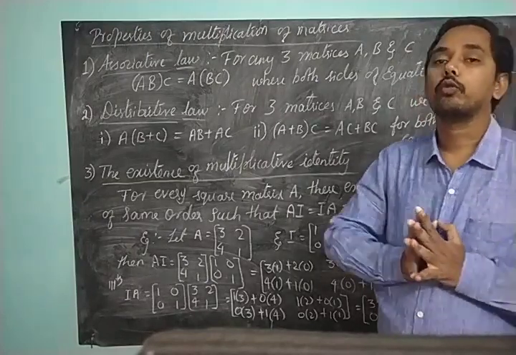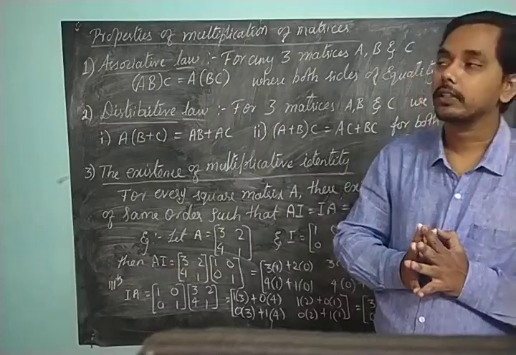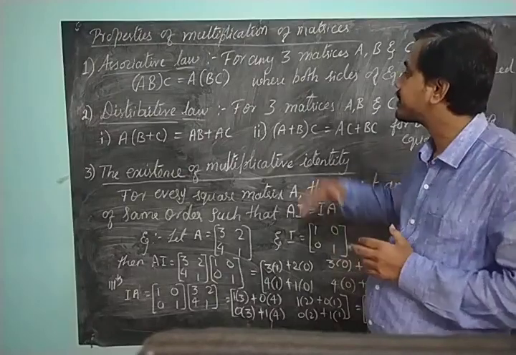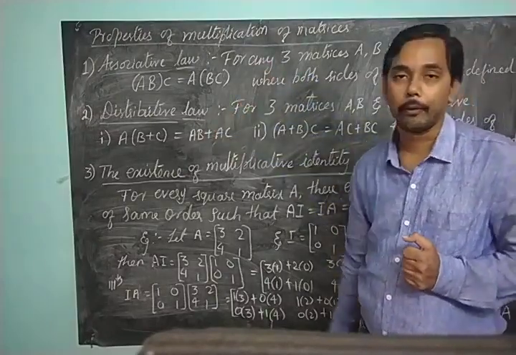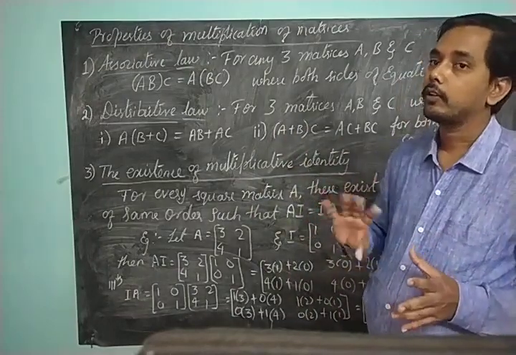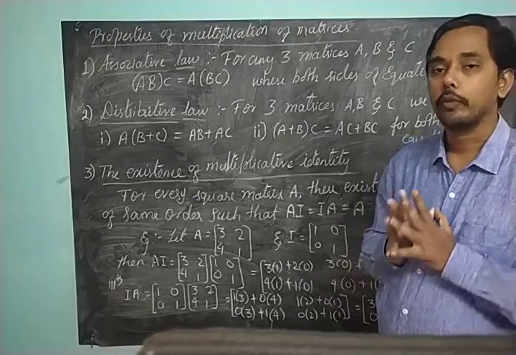You go through the video very carefully. In the upcoming videos, in the next part of this video, we'll take some examples and prove the associative law and distributive law, and we'll continue with the different types of matrices and how to solve them in the next class. So we'll stop here.